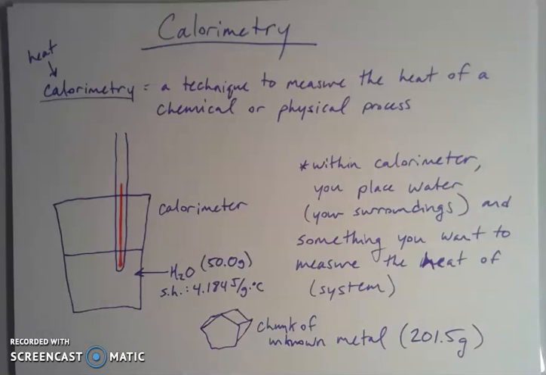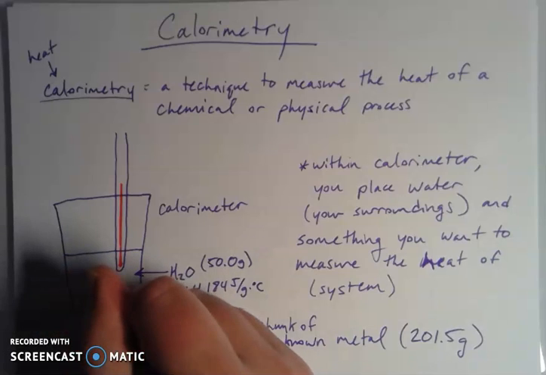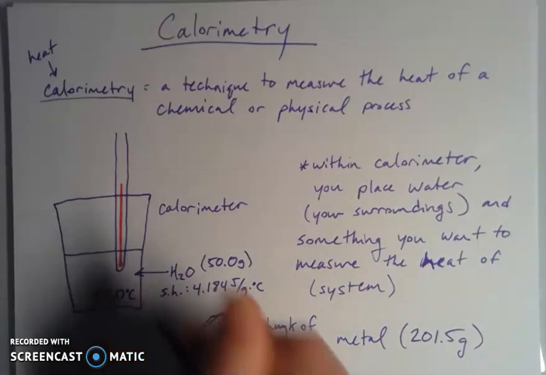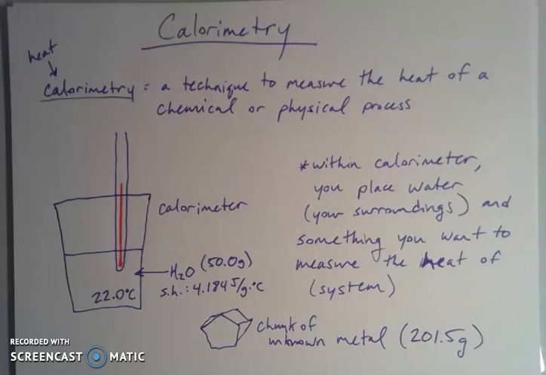If I start off with my water at normal room temperature, let's say that the temperature of my water under normal conditions here in my apartment is 22 degrees Celsius. Then with my water, I have mass, I have a specific heat, and I have a temperature.